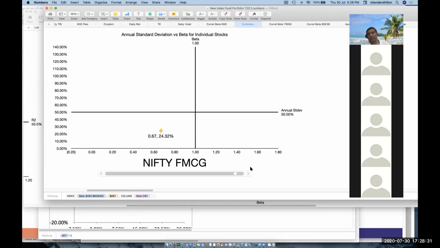Okay, what are you able to infer from here? So these companies do not move that much with the Indian market. It's not that they don't move with the Indian economy, but the impact of the Indian market on their movement is not that much. They are less sensitive to the macro picture because they're dealing in essentials.